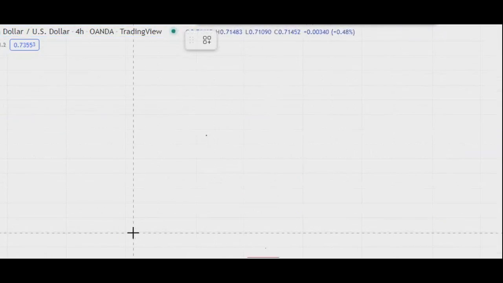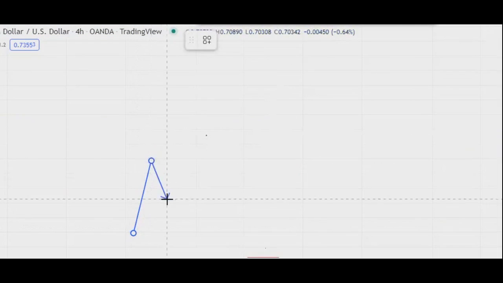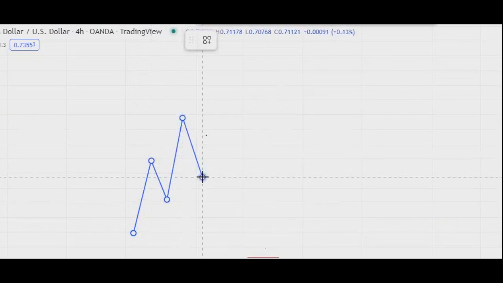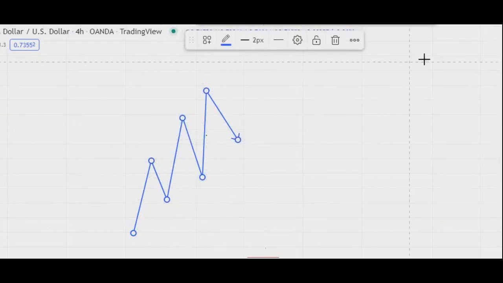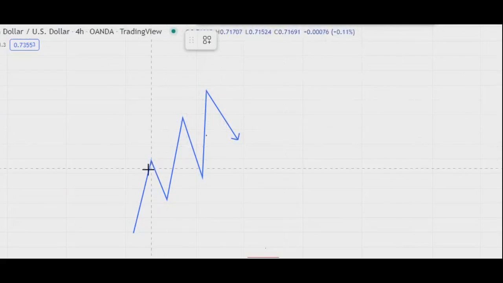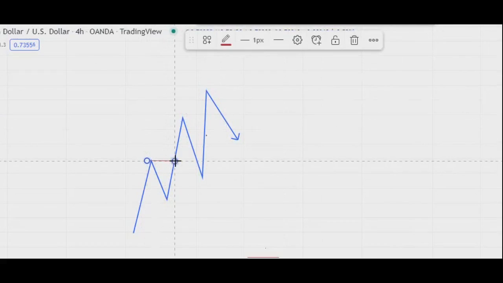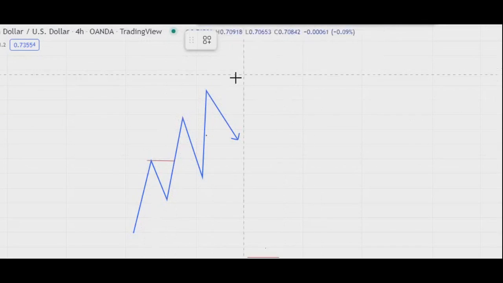Now, assuming we are in an uptrend, all right? Now, you know that in an uptrend, the highs are violated. All right? The highs are always violated in an uptrend.